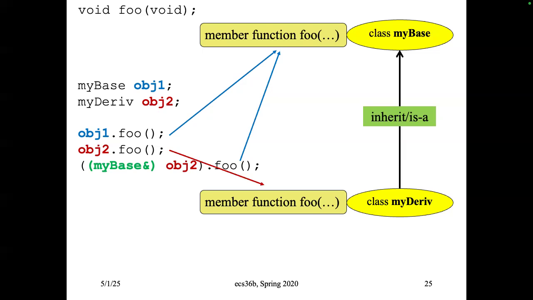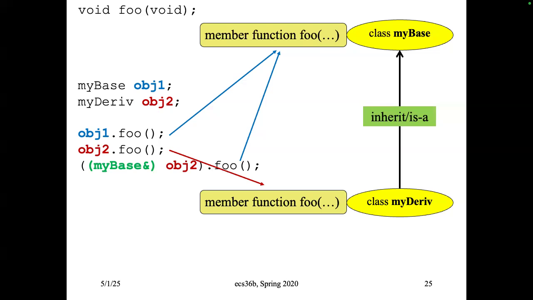So this is a bit tricky. Okay, I have object2. If I don't do the casting, I'm going to call, just like the previous line, my own version of the foo. But because of the casting, I changed the appearance of this object.